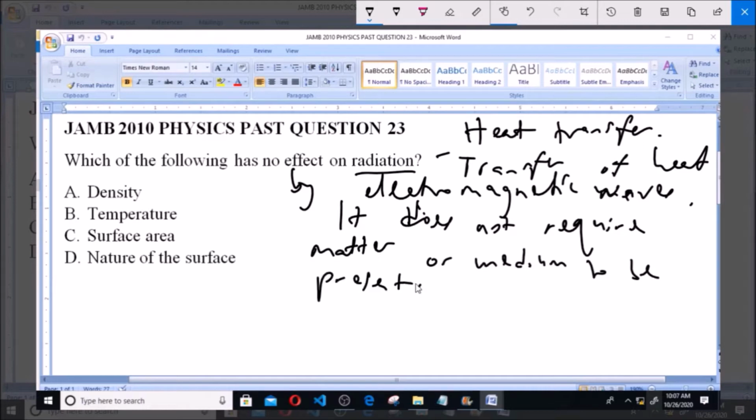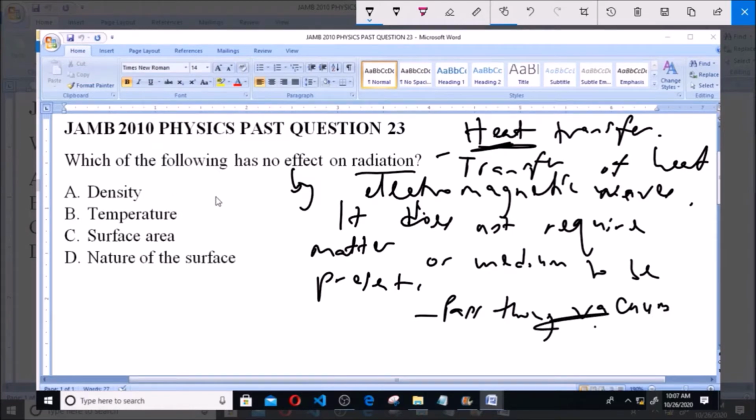So the radiative energy, such as heat in this case, will perfectly pass through a vacuum. So it does not require a material medium to be transferred.